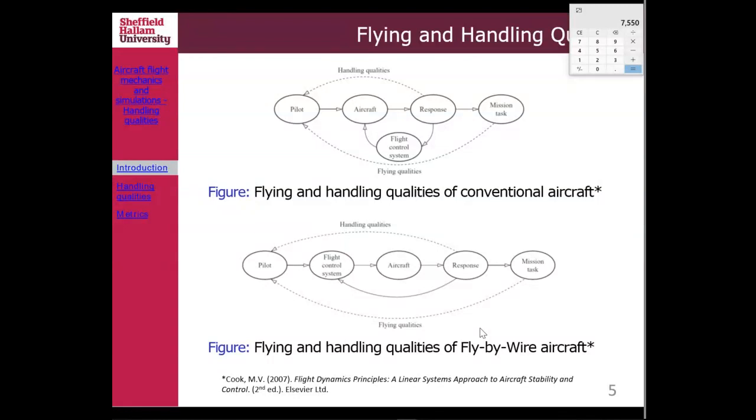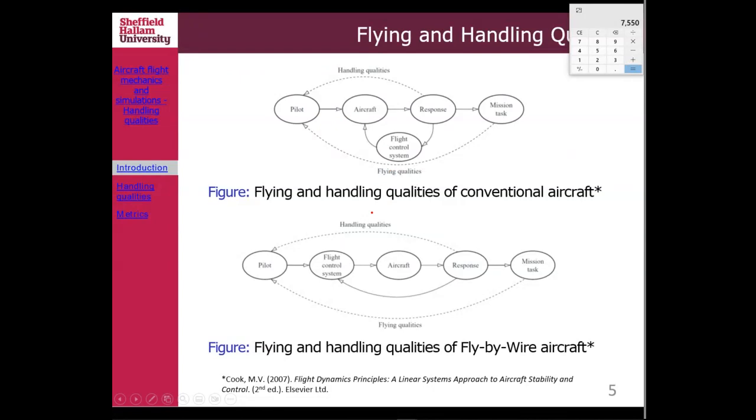But whatever it is, as you can see from those two diagrams, the flight control system now becomes typically important, because it is typically augmenting the loop, if you can say that as a loop. So, for example, the pilot obviously gives an input.